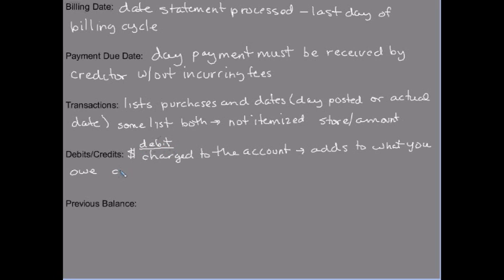Okay, credits are money paid to your account. So payments, refunds, things like that, that subtract from the amount you owe.